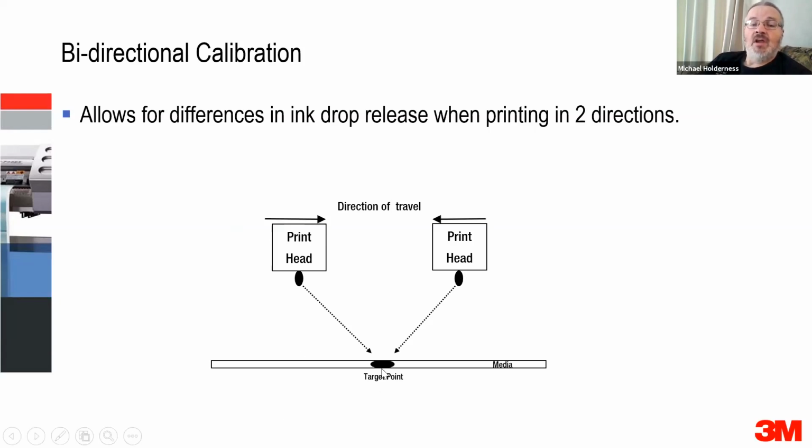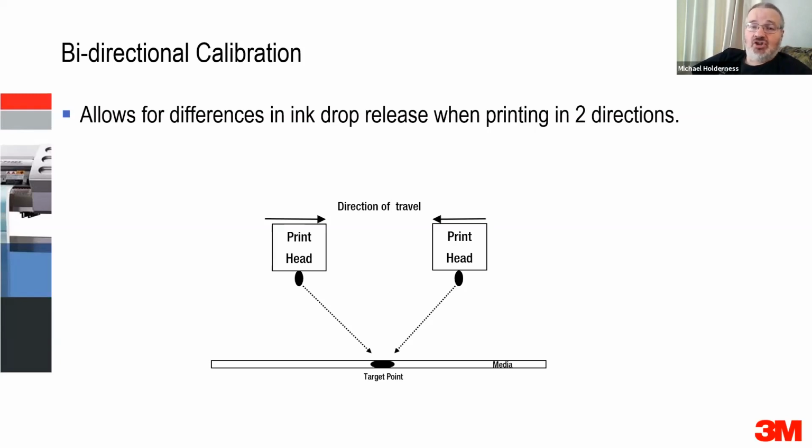Now, pretty much every single printer I know prints bidirectional. Essentially what that means is that the printer prints in one direction and then the head comes back and it prints again going back in the other direction. So it's printing in both directions. The reason people have set bidirectional printing is because it doubles the speed of the print.